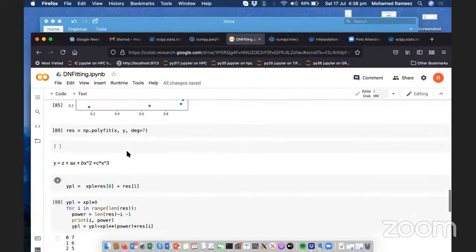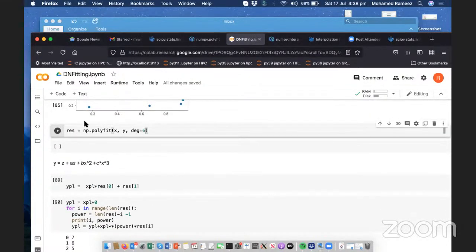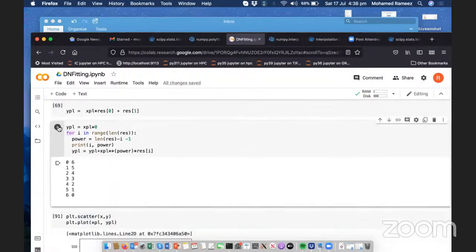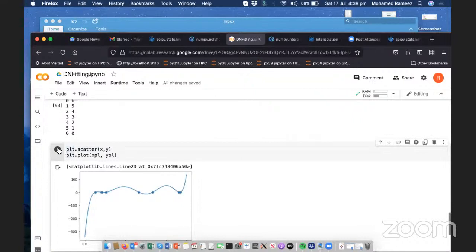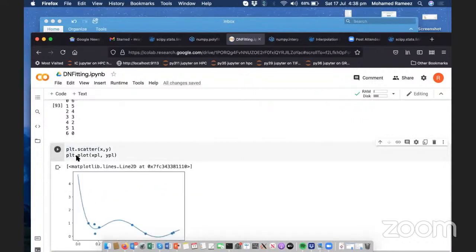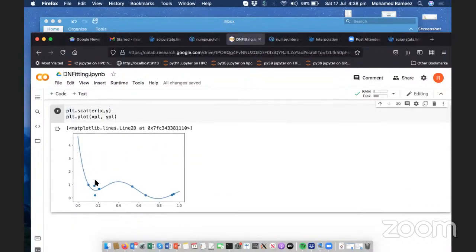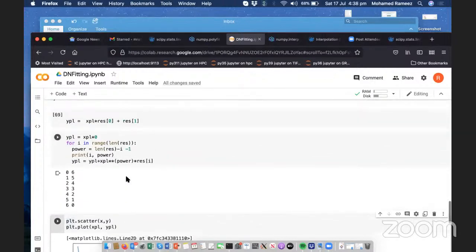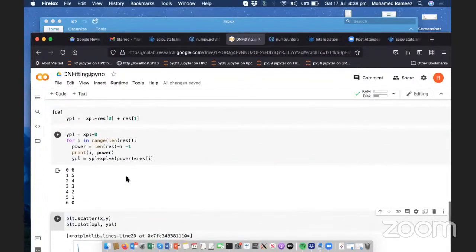If I were to fit a 6D polynomial, you notice that here it is taking some liberties, going between 2 points, but it fits almost all the other points perfectly. So yeah, this is how you fit polynomials to data using NumPy and SciPy.